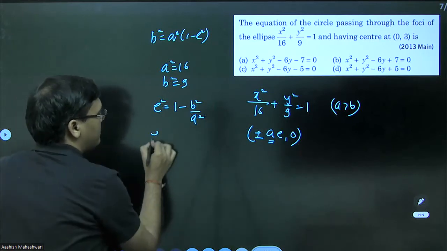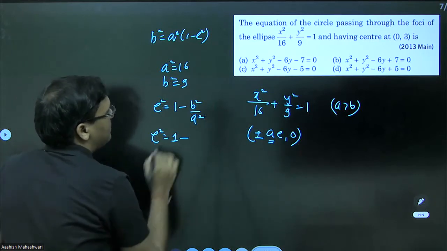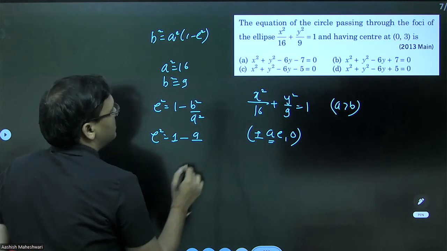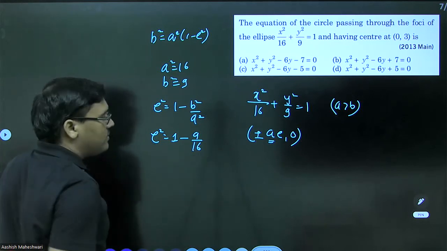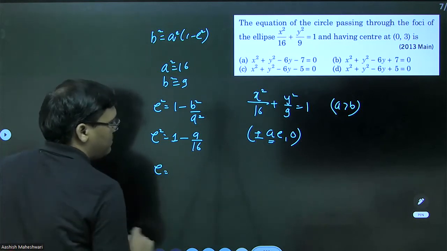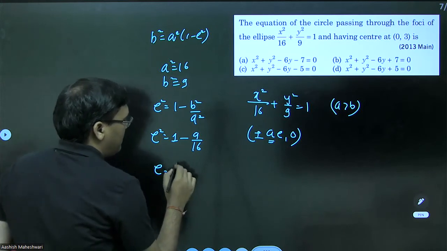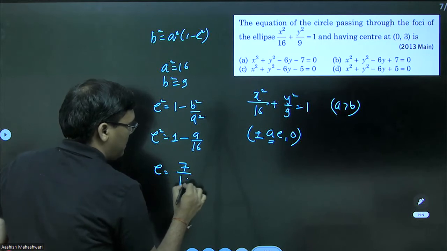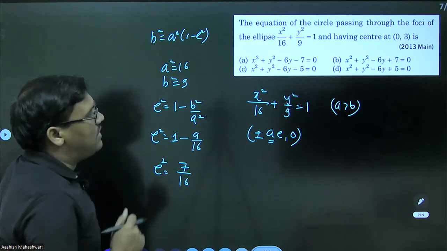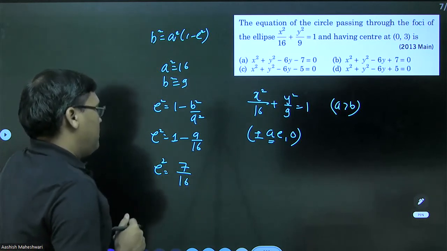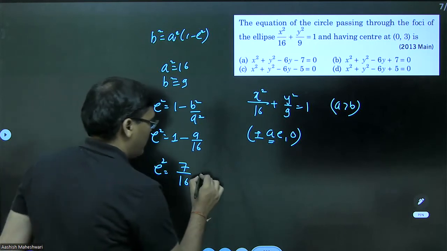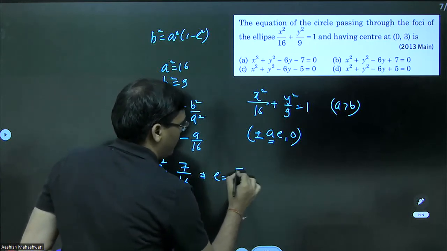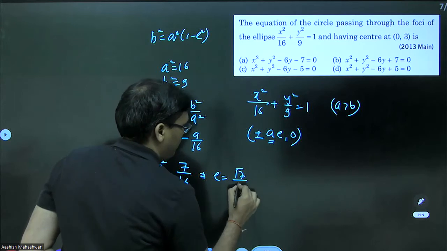So now what is the eccentricity? E square is 1 minus B square by A square. This is 16. So what is E? E square is equal to 7 by 16. Now, so what is E? E is equal to root 7 by 4.